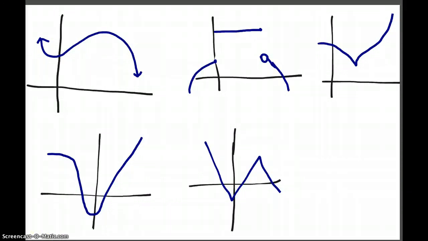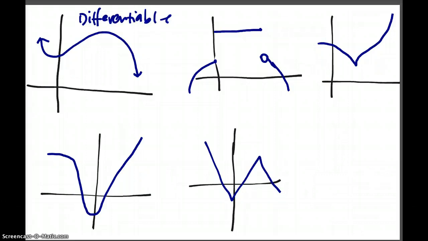So let's take a look at some other functions. A quick way to look at a graph: if a graph is what we call smooth, with no kinks in it and no bends in it, then it is considered differentiable. So in this case, this function is differentiable.